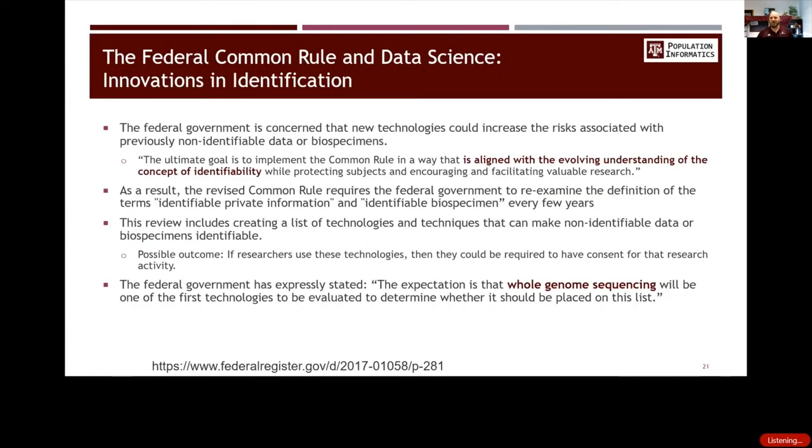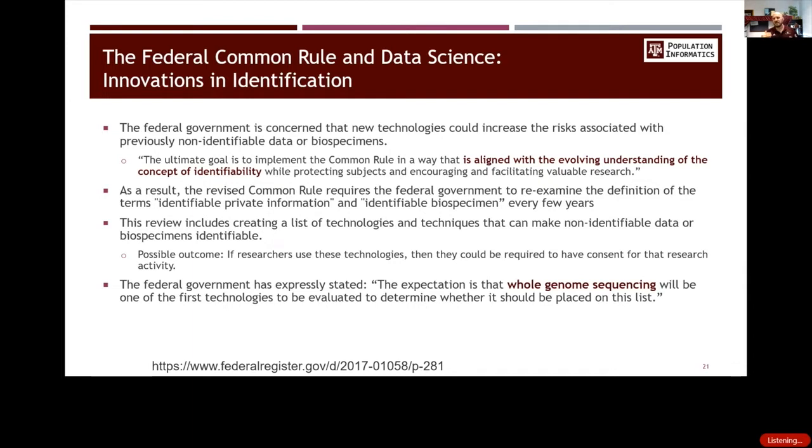Now, some of you who may have worked with biospecimens or worked with identifiable data are aware that technology is rapidly advancing in this area, and might be like, well, what does that mean, readily ascertained? Can't we learn a whole lot about an individual with very, very little information?